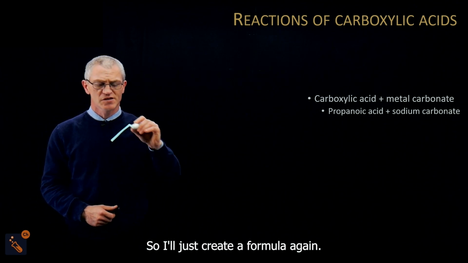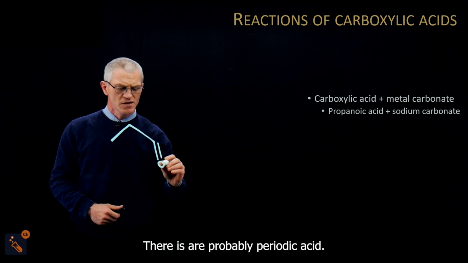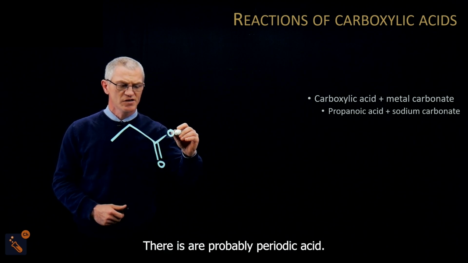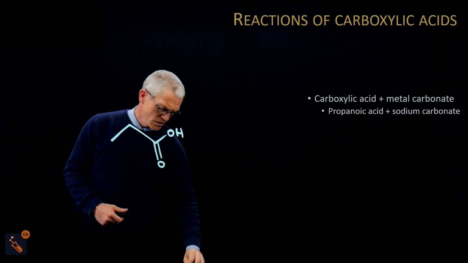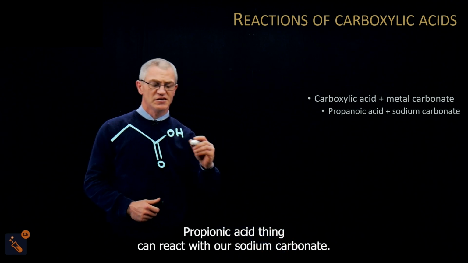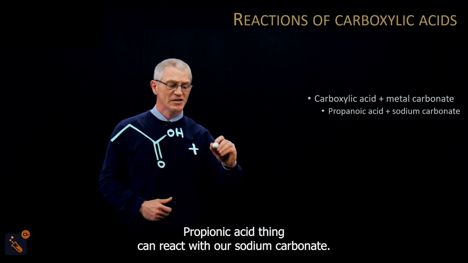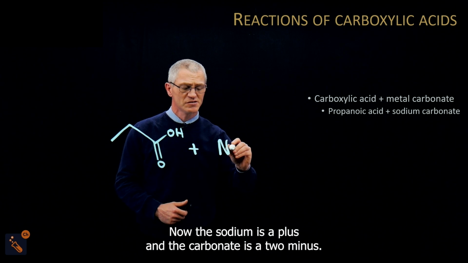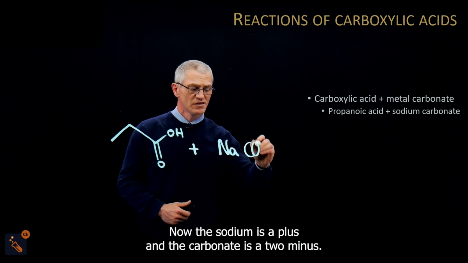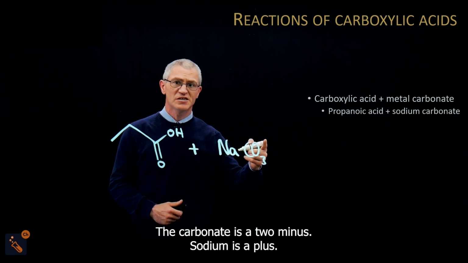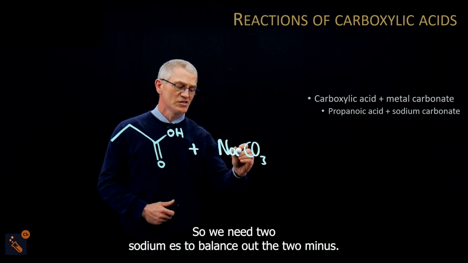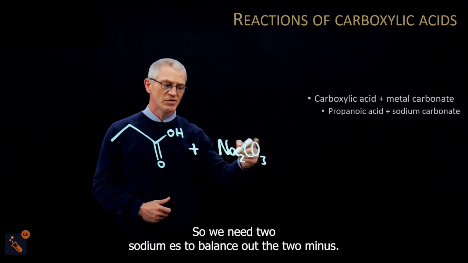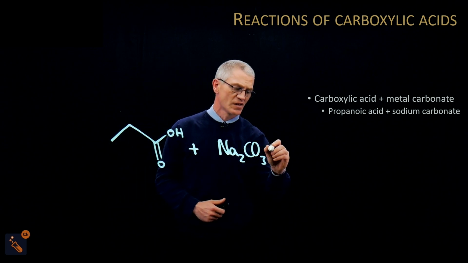So our skeletal formula again, there is our propanoic acid. Propanoic acid is then going to react with our sodium carbonate. Now the sodium is a plus and the carbonate is a 2 minus. So we need 2 sodiums to balance out the 2 minus.